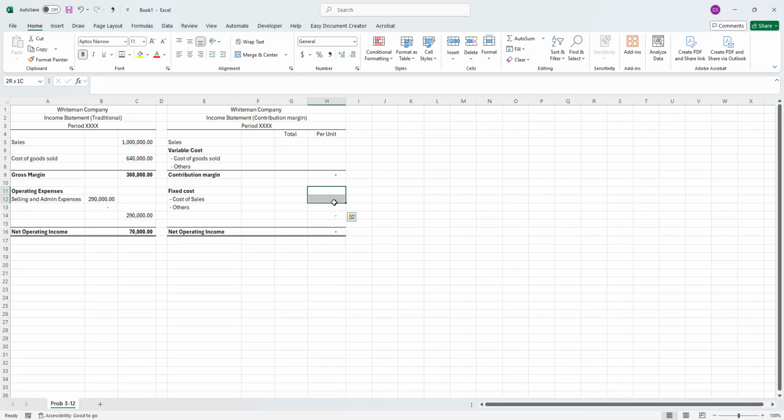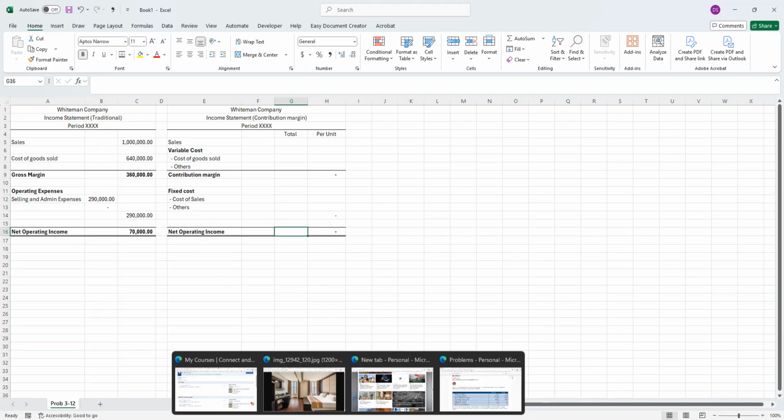You can calculate per unit if you want to, but that per unit is not relevant for any other scenario we may look at. For this situation, this is your total contribution margin, then we look at the fixed cost, and when we calculate the operating income, we take the contribution margin minus your fixed cost. Okay.